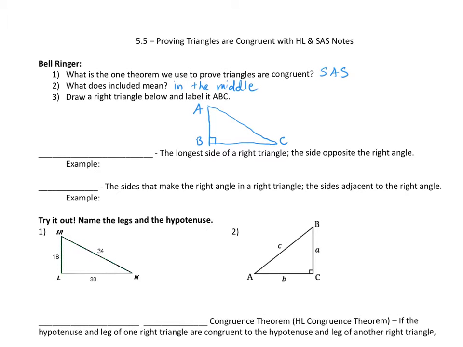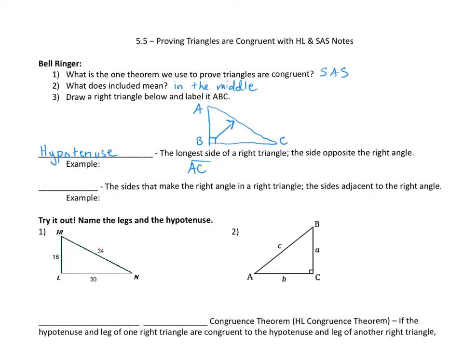And that is called our hypotenuse. So the hypotenuse is here. So this is our right angle here. Opposite of it, this AC is our hypotenuse in this case. So I'm going to just say AC for our example is our hypotenuse.